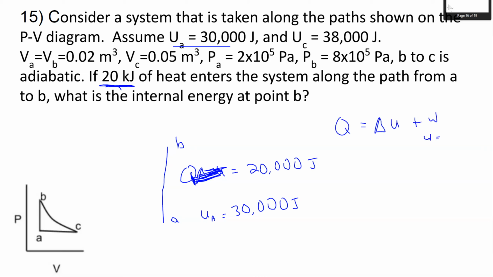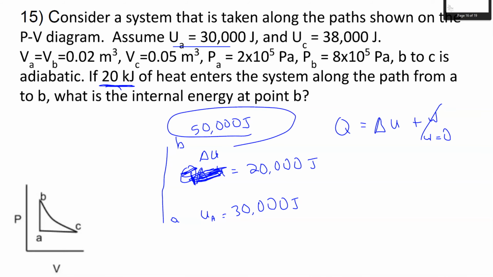We've already said the work on an isochoric process is 0, so it all goes into the change of energy. This is the change of energy. That's where I was leapfrogging to. But if they want the energy up here, I started with this much, I added that much. Up here I have 50,000 joules of energy. So that's the number that they want for number 15.